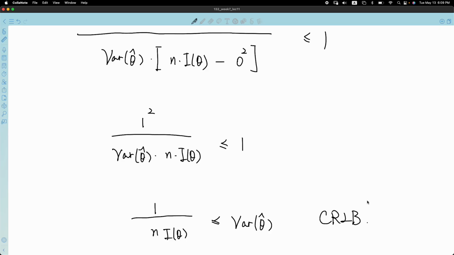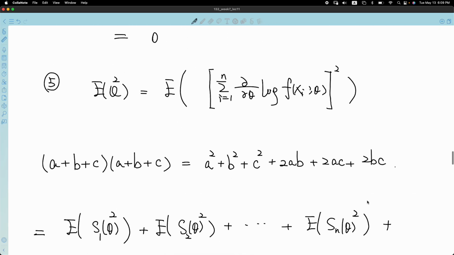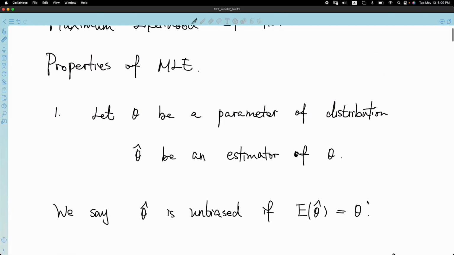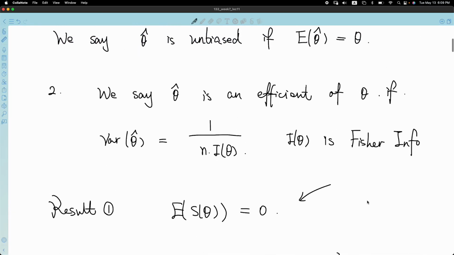Now let's revisit our definition of efficiency. Property 2 for the estimator says that theta hat is an efficient estimator if the variance of theta hat is equal to that. Now you can see where this term is coming from. This term is actually the Cramer-Rao lower bound for the variance. So your estimator is called efficient if the variance of the estimator can achieve the lower bound.